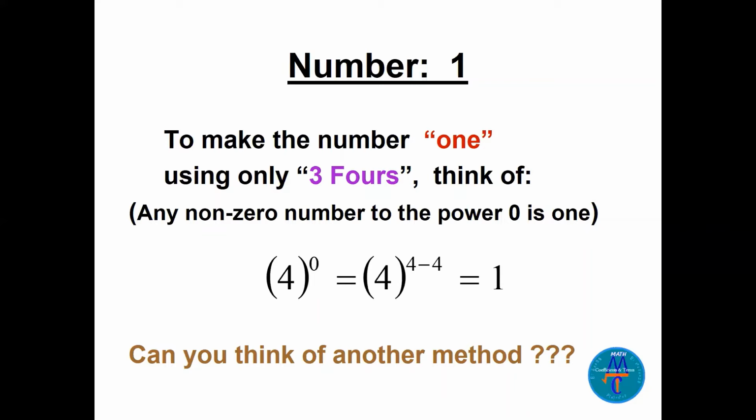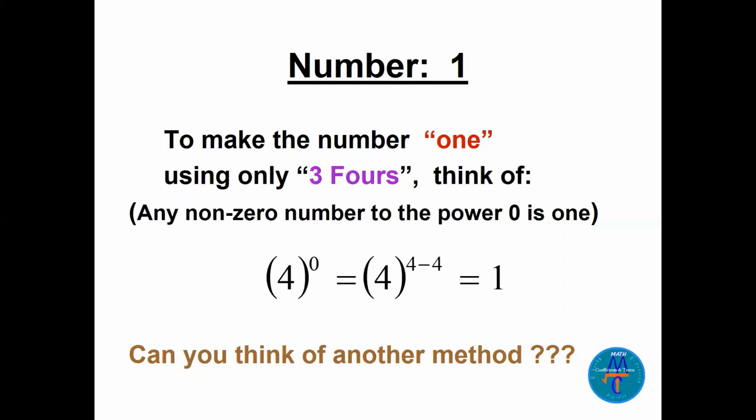So 4 power 0, and we know the 0 is 4 minus 4. So it is 4 to the power 4 minus 4, which is equal to 1. See, 4 power 0 is 1, but I have to include 3 4s. So 4 in the base here, and then in the power I have 4 minus 4. So that's 3 4s equals 1.